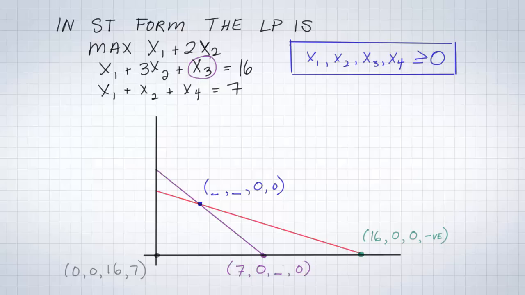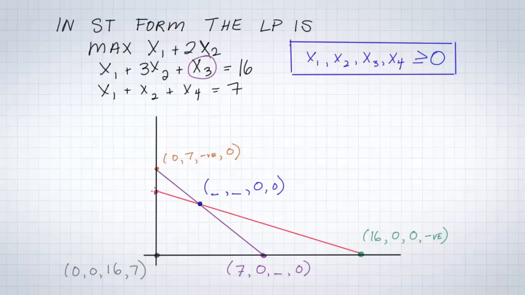If we go to this point here, we will have x1 will be 0, x2 is equal to 7, x3 will be negative because we're outside of this line, and x4 will be 0 because we're right on that constraint. That's this point here.